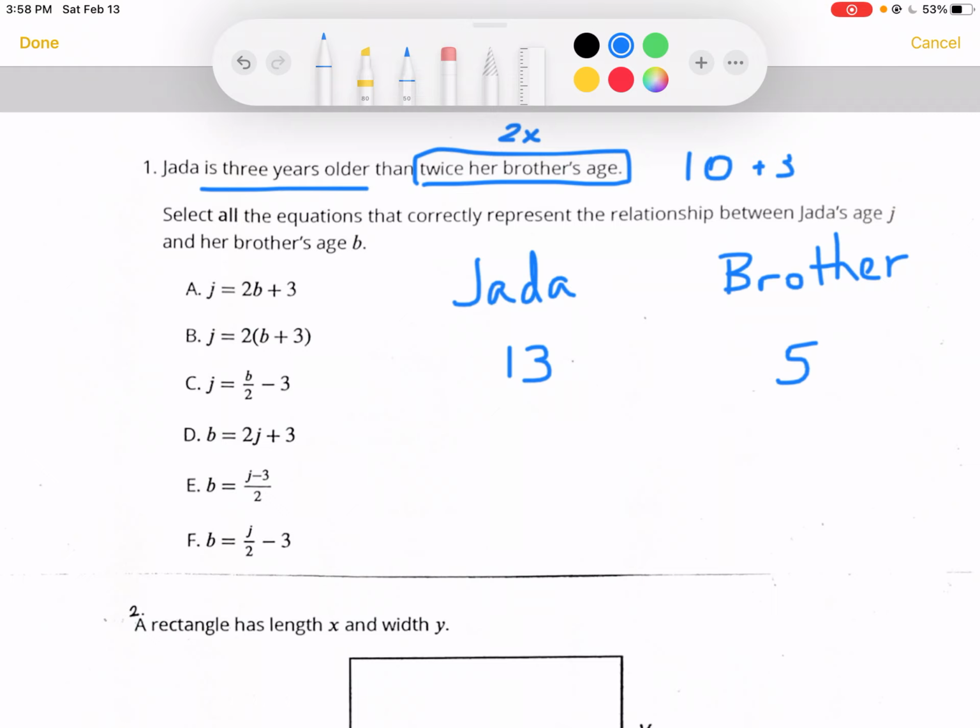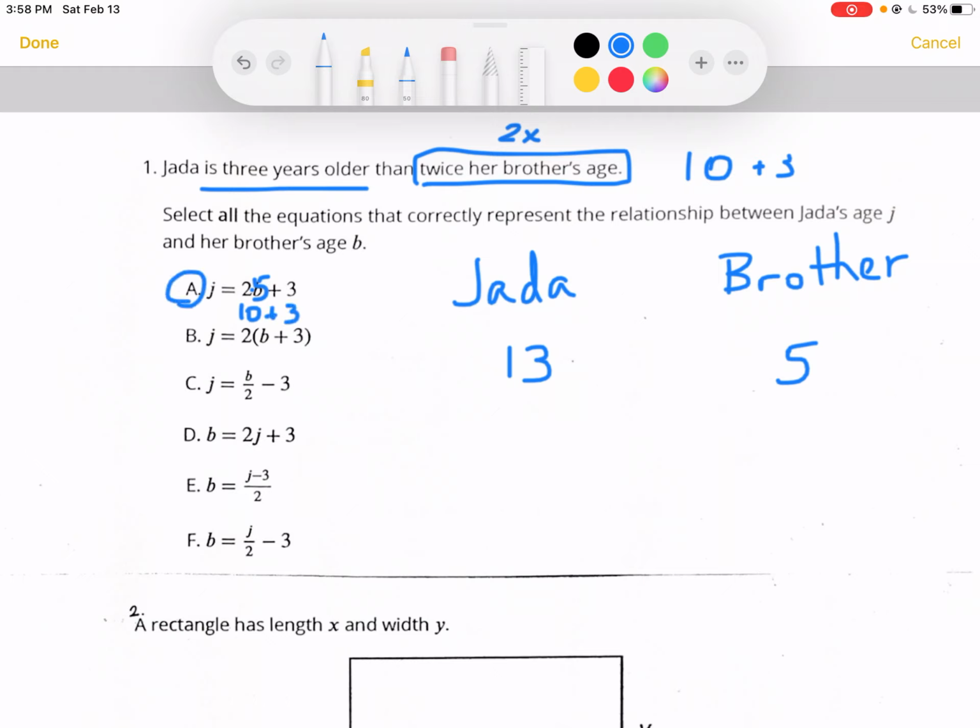Okay? So now we can go to these equations and test them out. On A, this is saying that Jada is 2 times her brother's age plus 3. If you plug in 5 for B, 2 times 5 is 10, 10 plus 3 is 13, and that's Jada's age.